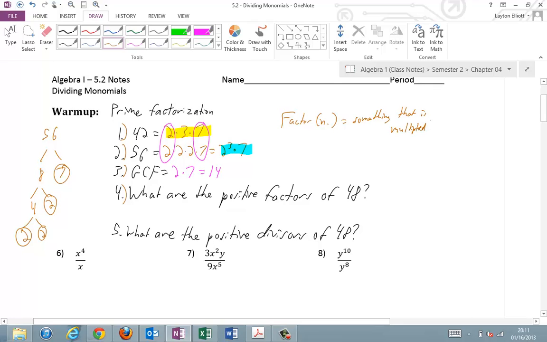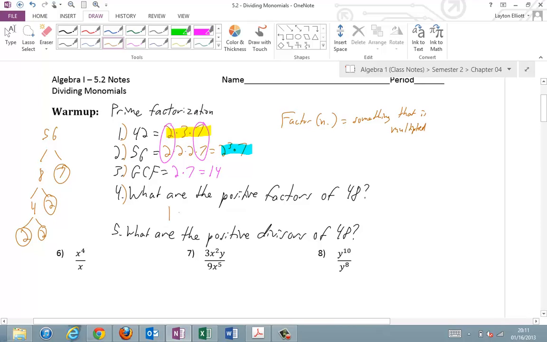A factor implies multiplication, whereas a term or a monomial implies addition, subtraction. So it's important to keep in mind, what are the positive factors, things that multiply into 48? And notice I don't say prime factors, I just say any factors.